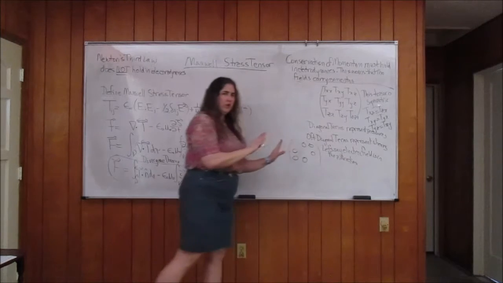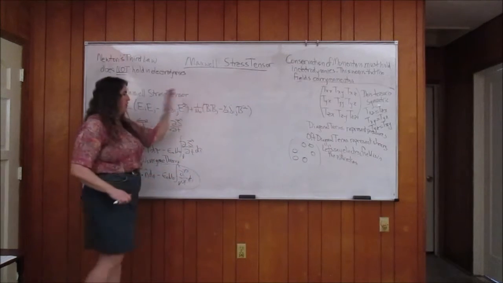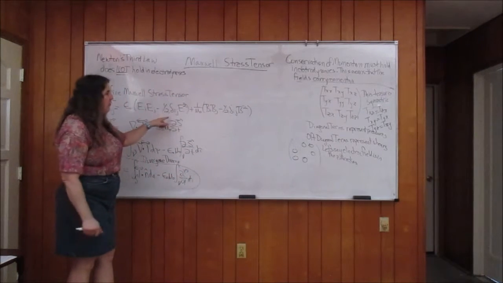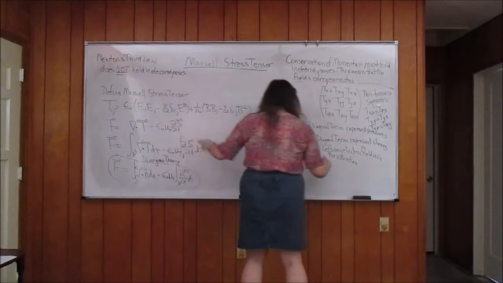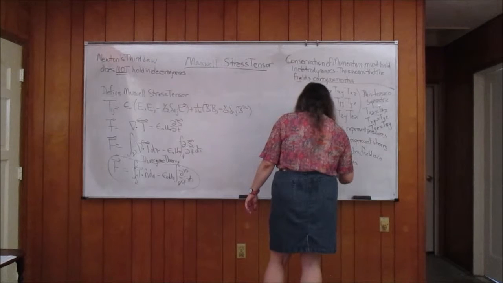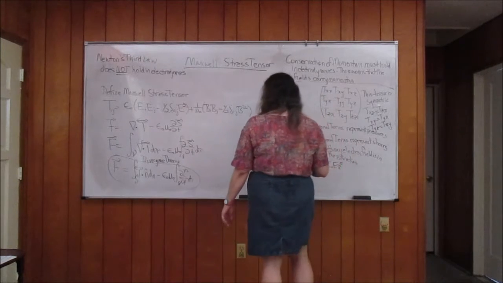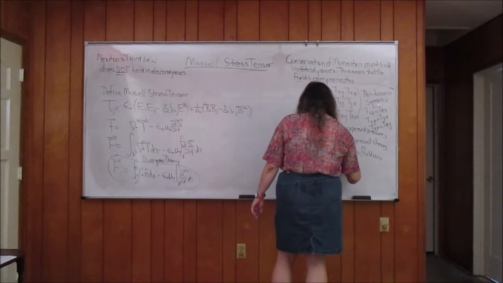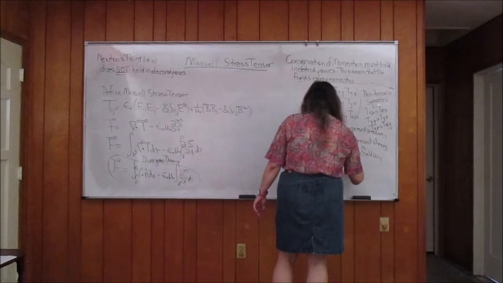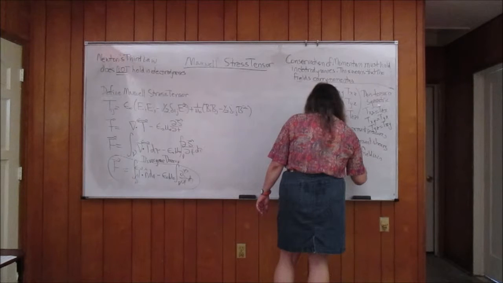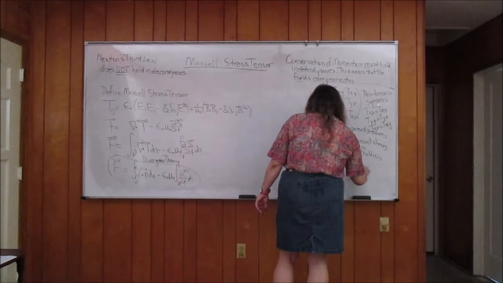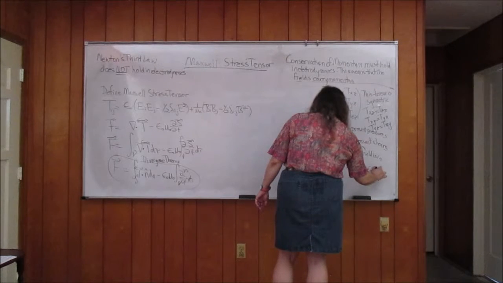And for the sake of the argument right here, we're just going to forget about the magnetic field terms. Okay, so if the electric field is the different one, we're going to basically have over here epsilon naught Ez squared minus 1/2 epsilon naught times Ex squared plus Ey squared plus Ez squared.